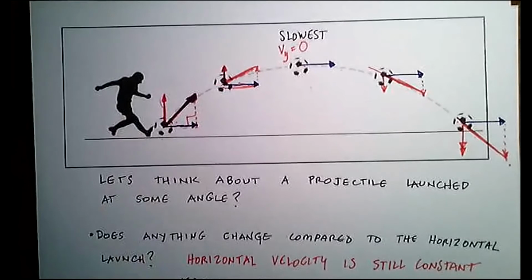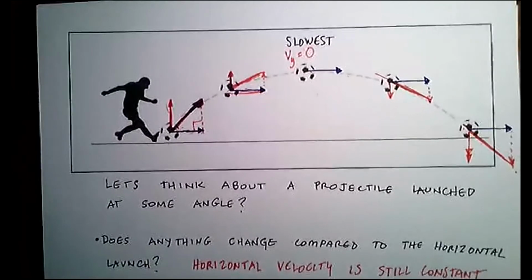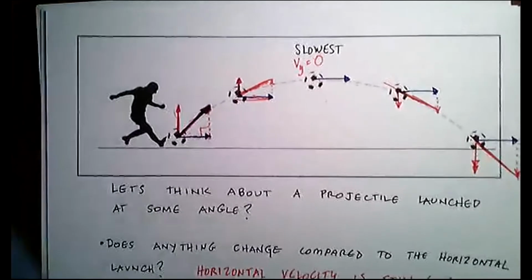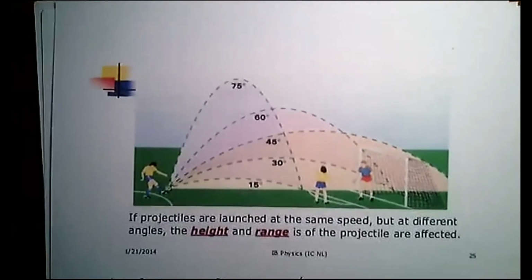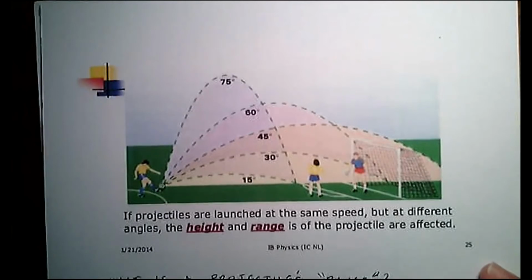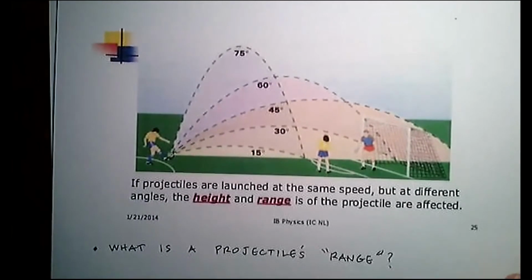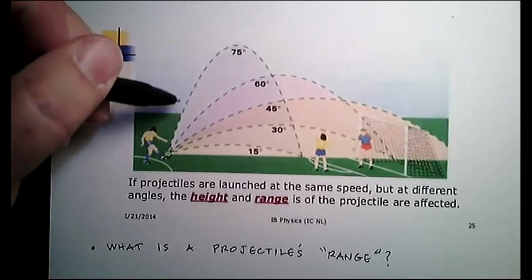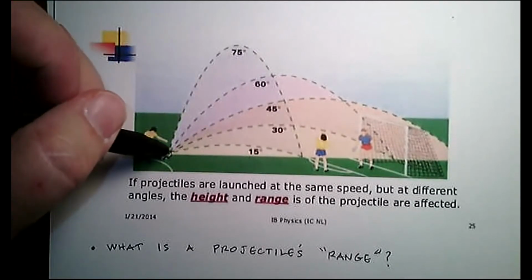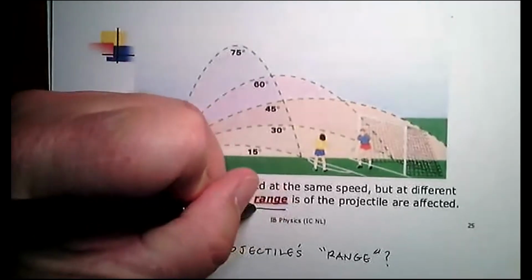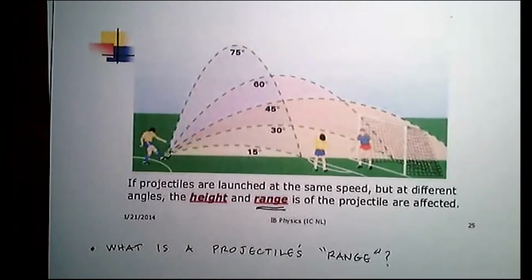Now I have another diagram that talks about how angles cause changes in the flight of a projectile. You notice this diagram has a bunch of soccer balls being kicked at different angles. I want to introduce a term called range.